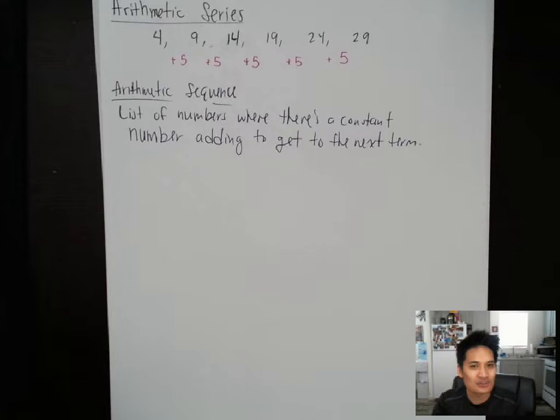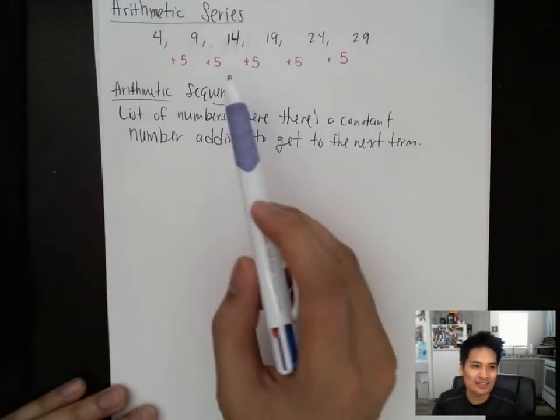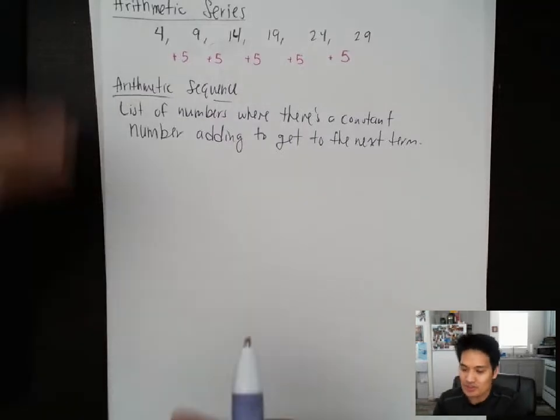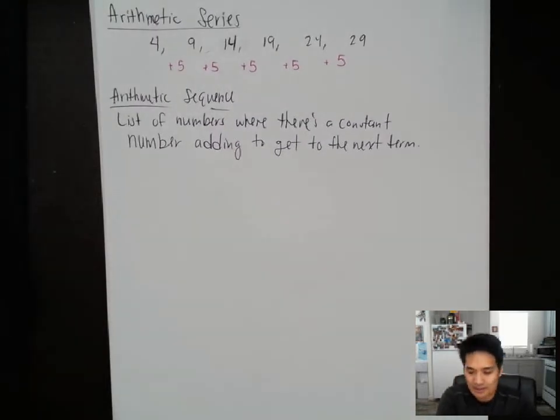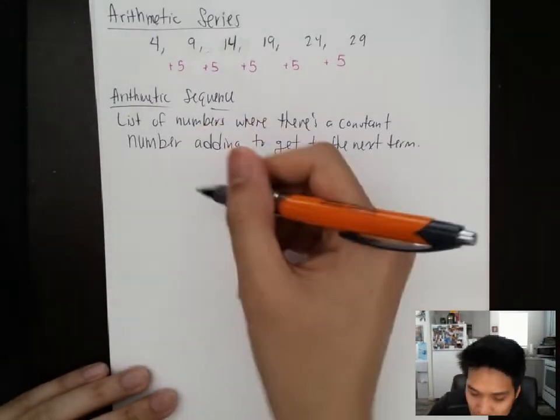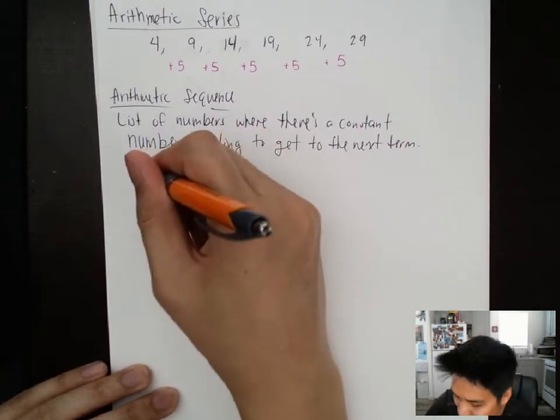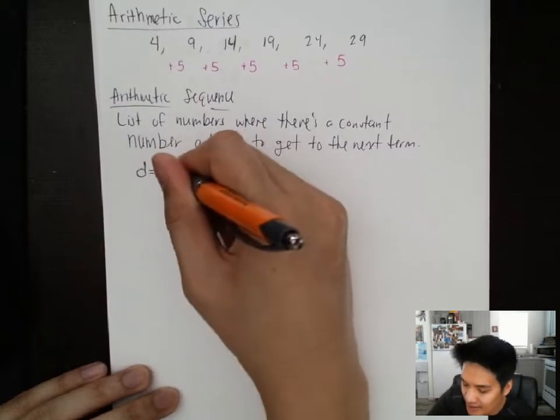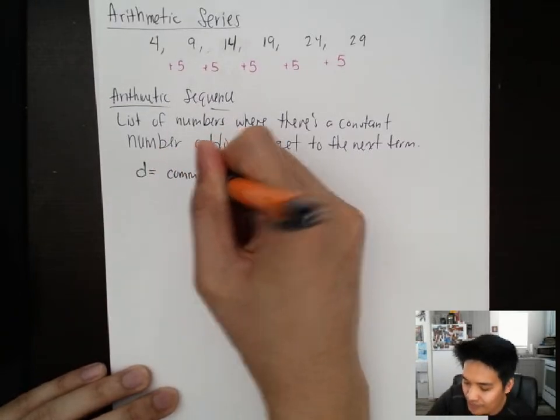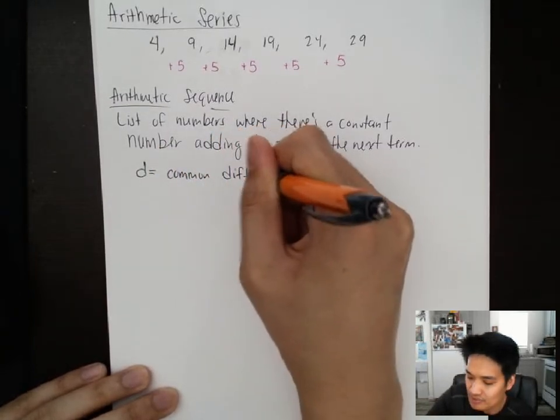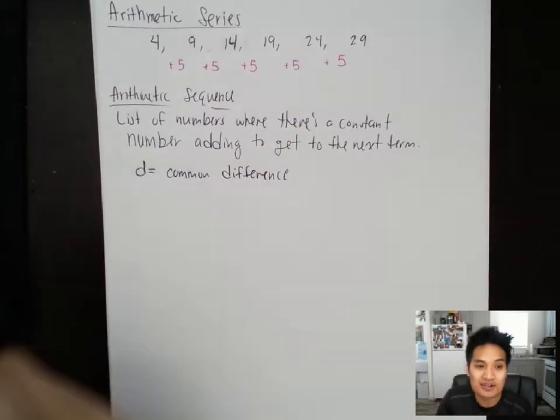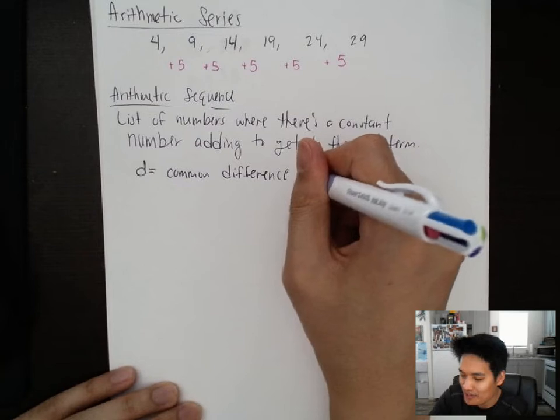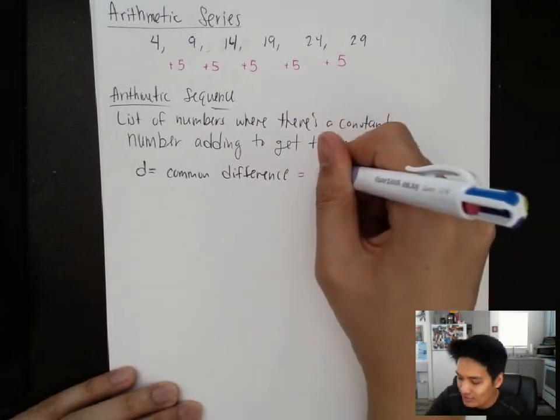There are a few components to an arithmetic sequence. One thing we could do is figure out the equation that describes the relationship from term to term. So I'm going to define a few variables here. One of the first ones is D. D represents the common difference. In this particular sequence, our common difference is 5.